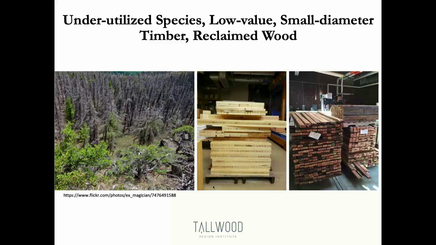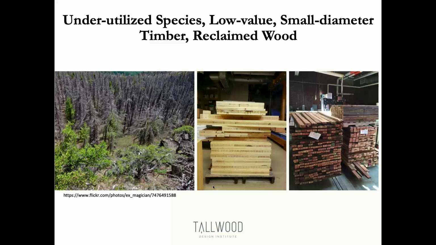It's resulting in these catastrophic wildfires. So we need to be able to take that fiber out of the forest, allow the remaining older trees to grow and thrive, and meanwhile find commercial uses for this small diameter wood, or perhaps lesser utilized species like ponderosa pine.